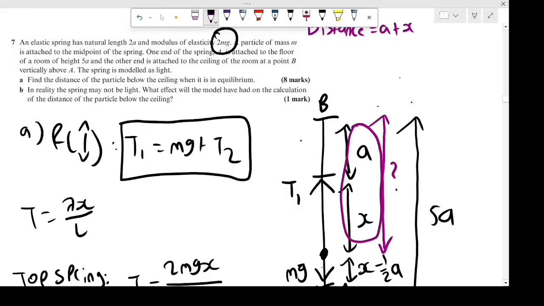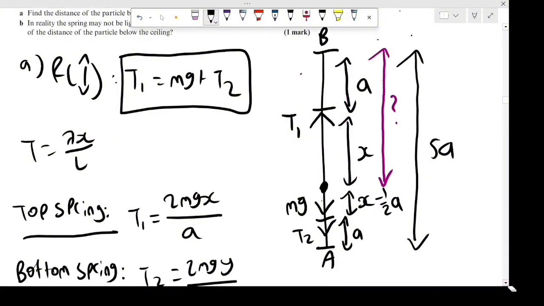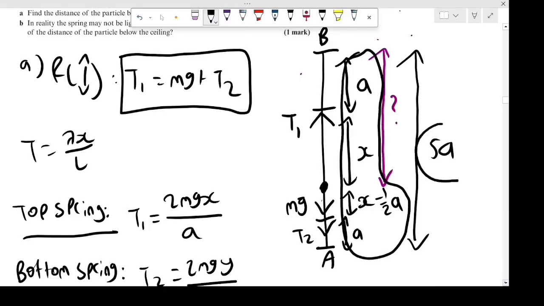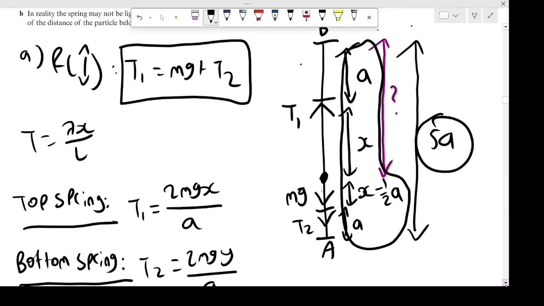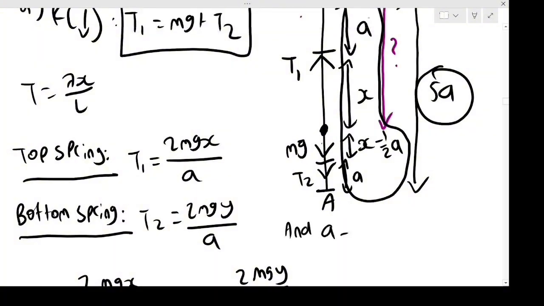Now, to help me with that, I know that if I add all the individual lengths here, that equals the total length 5a. So therefore, I can also say that a plus x plus x minus a half a plus a has to equal 5a.